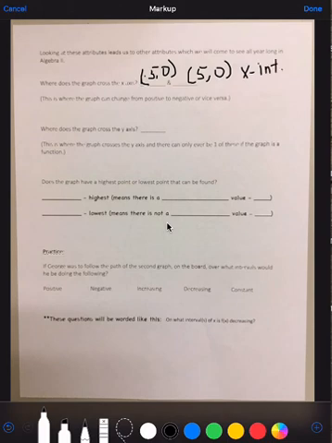This is where the graph changes from positive to negative, or from negative to positive. And in our functions, a function can cross the x-axis any number of times, but a function will only cross the y-axis once. So where does the graph cross the y-axis? The y-axis is when x equals 0.